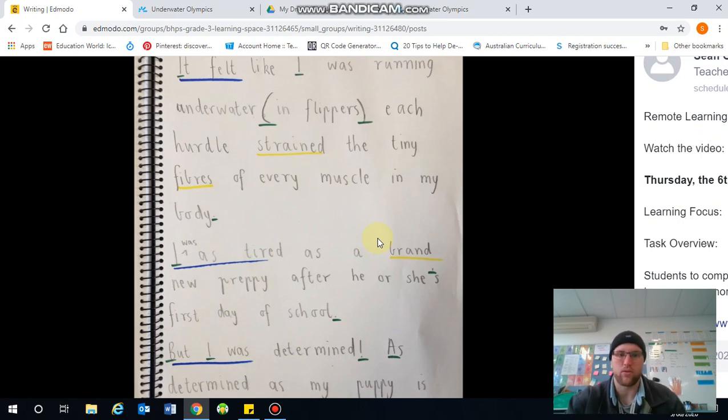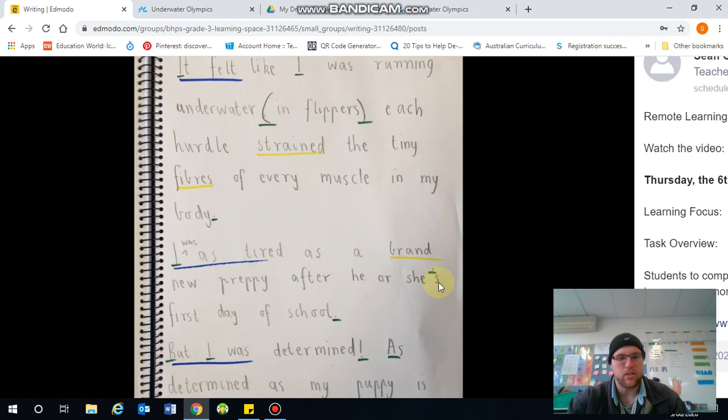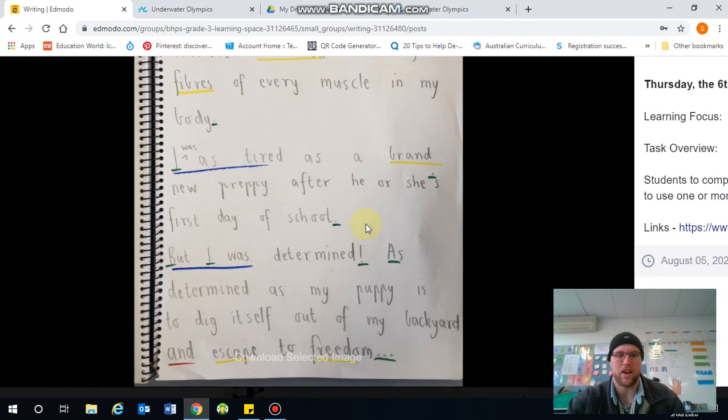I probably could have looked at each sentence as well. I realized I'm using quite a few different ones, so I'm pretty happy with my openers at the moment. Then I went to the green, punctuation, and I'd used some capitals, brackets, full stops, apostrophes, exclamation marks, and an ellipsis. So I'm really happy with my punctuation. I'm giving that a glow.